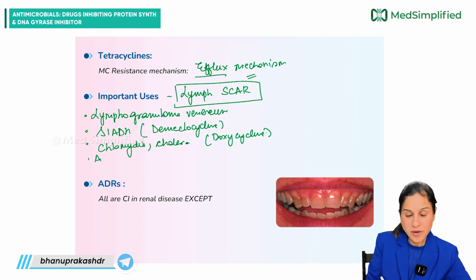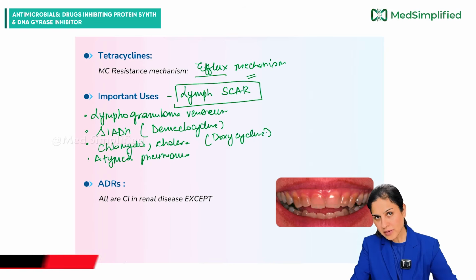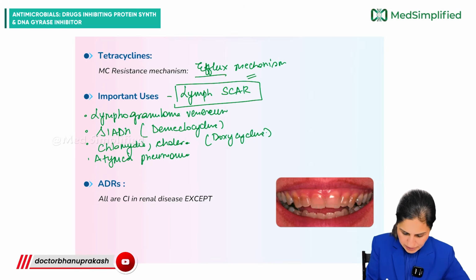A stands for atypical pneumonia. Though the drug of choice is macrolides, you can use them in atypical pneumonia.